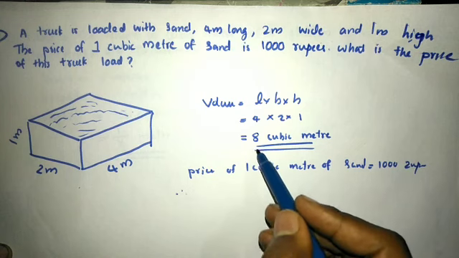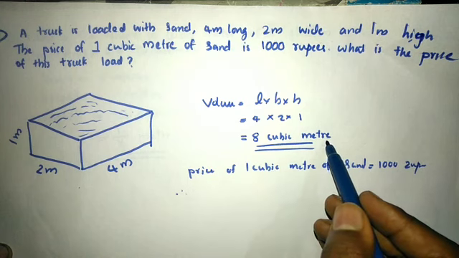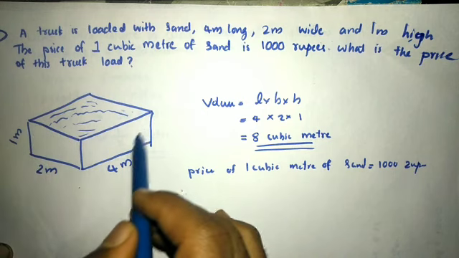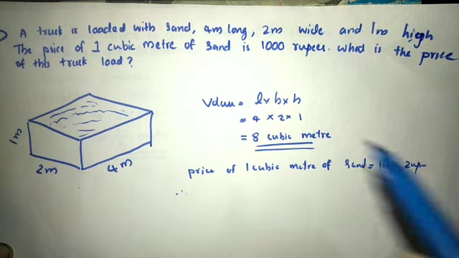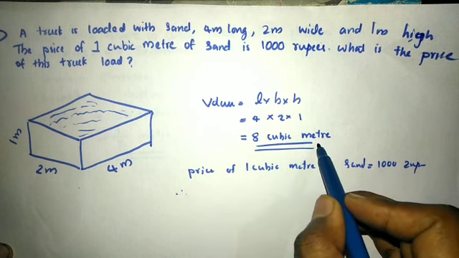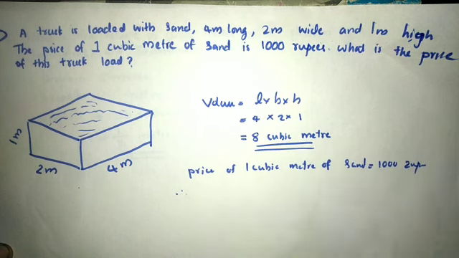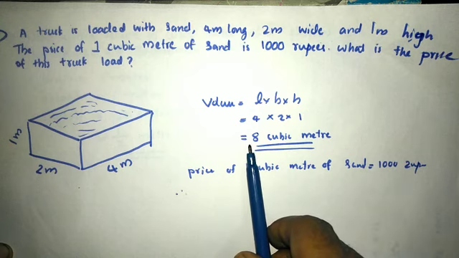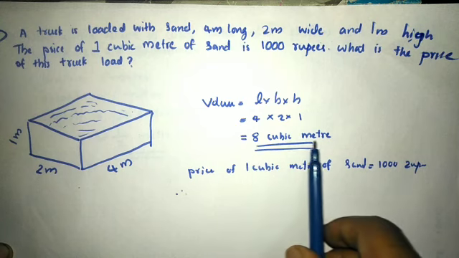Therefore, here this is 8 cubic meter. So we want to find out the price of the truck. The volume of this truck is 8 cubic meter. 1 cubic meter of sand is 1,000 rupees. So what is the price of 8 cubic meter?